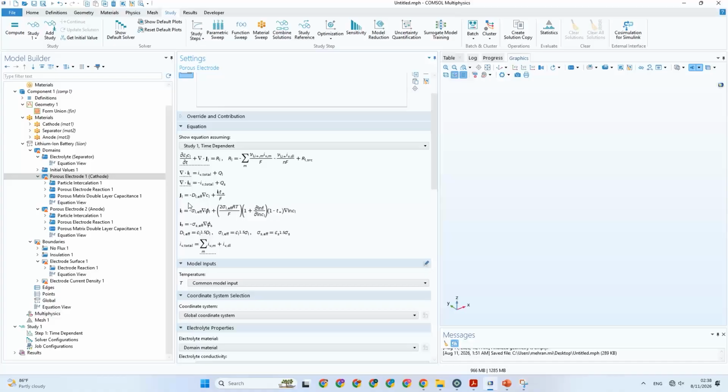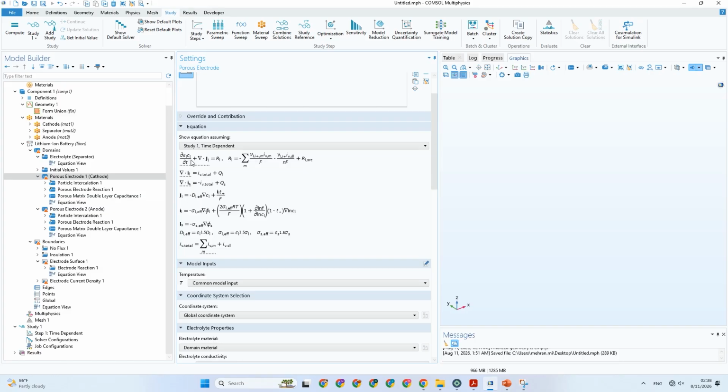L is for liquid, that liquid is separator or electrolyte, and S is for solid, or for cathode and anodes. And here we can see this is cL, that is for liquid.